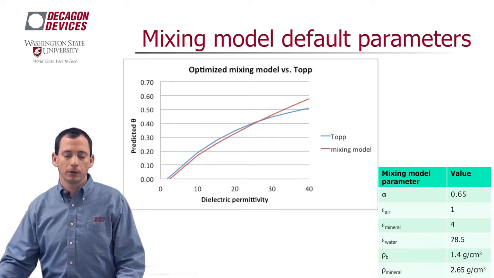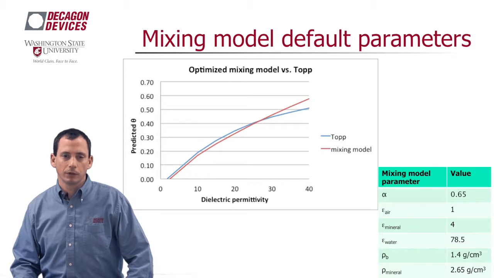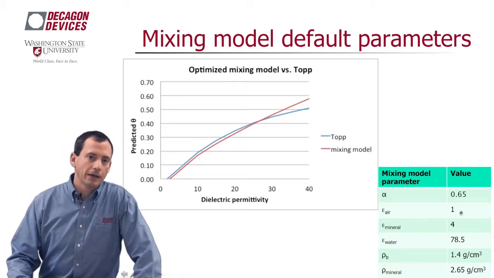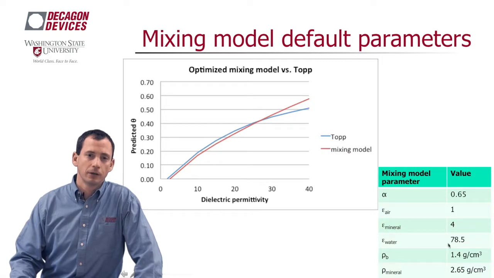So I selected some mixing model parameters that would allow that mixing model to line up more or less with the top equation. And you'll see down here on this side that we selected, of course, 1 as the dielectric permittivity of air. Mineral permittivity we selected as 4, which is generally a pretty good book value for the permittivity of most soil minerals.